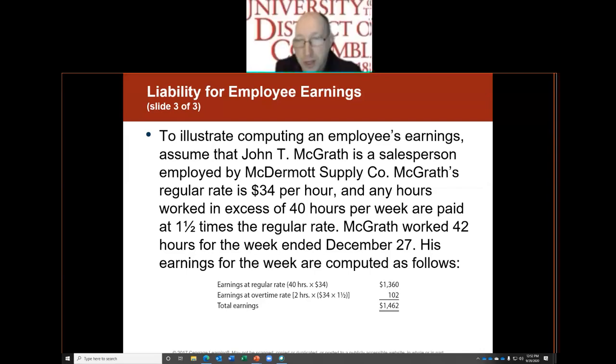That same employee worked overtime by 2 hours. $34 an hour times time and a half, or 1.5. 34 times 1.5 times the 2 hours that the employee worked overtime gets me to $102 for overtime pay. The total earnings for that employee's week is $1,462. I got that by adding together the regular rate plus the overtime rate.